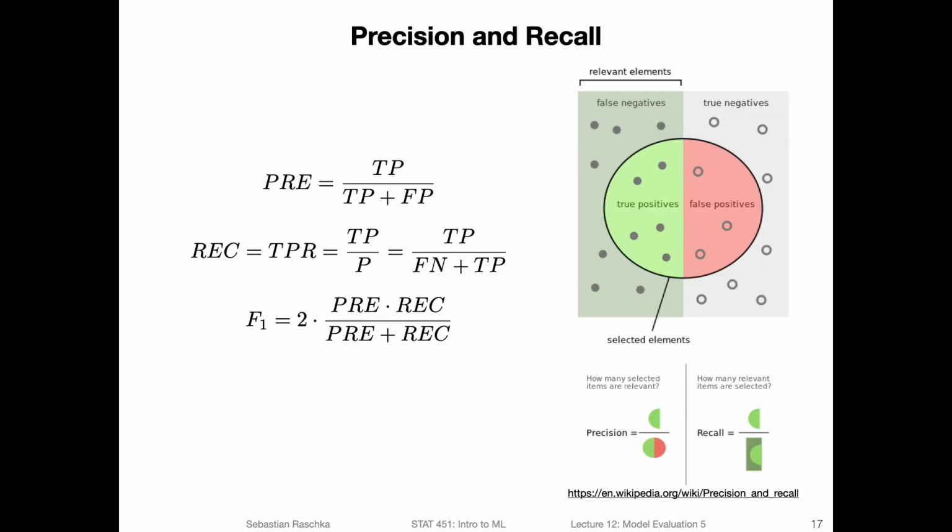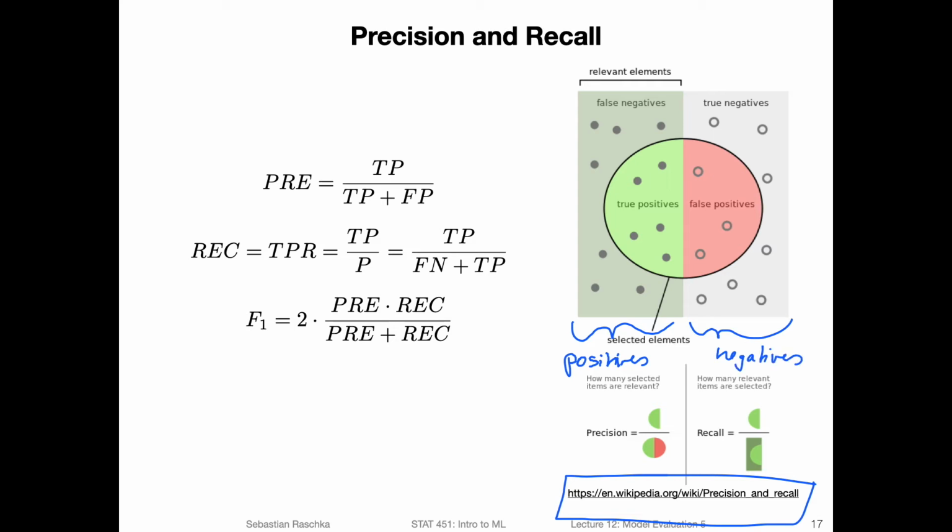Here's a helpful visualization of the precision and recall that I took from Wikipedia. I kind of like this visualization because it's just easy to see what's going on. So you can think of everything here on the left box as the positives, in the case of spam classification, the spam email, and these as the negative class. And then the precision is computed as the fraction of the true positives over all the predicted ones.